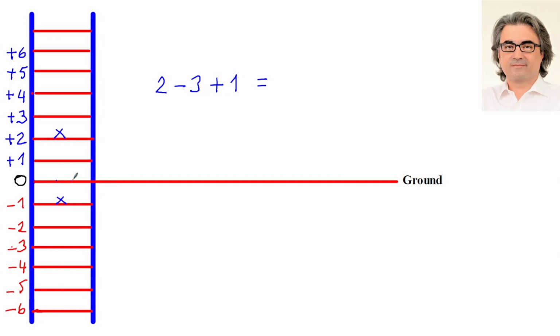It means go up 1 step from your last position. Last position is here. Go up 1 step. And you will reach here. This is my final place because plus 1 is the last number. So the result is 0 here. Now let's continue with the next example.